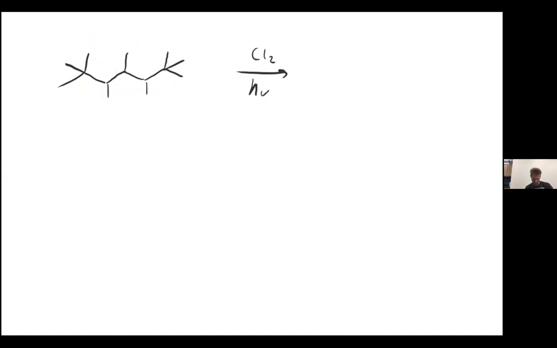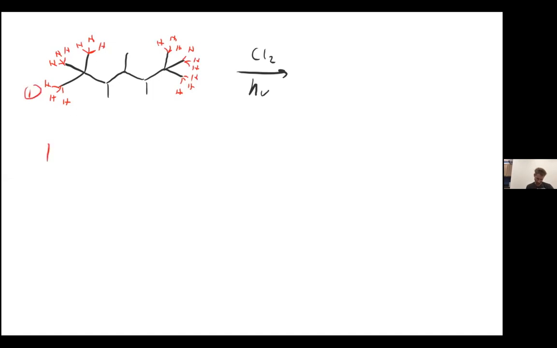So let's start with these terminal H's. There's a ton of them. Got 9 on each side. So that is a total of 18 hydrogens.